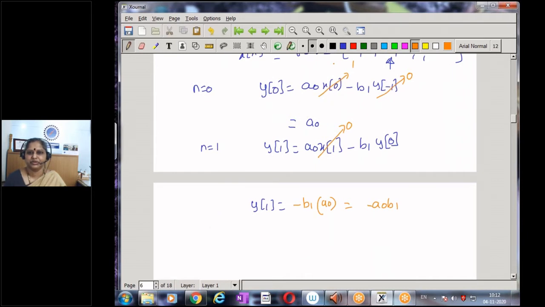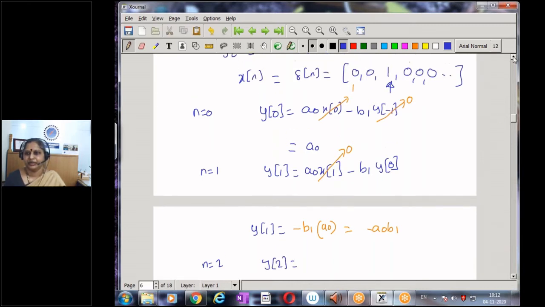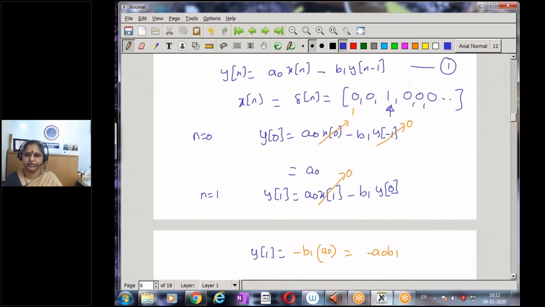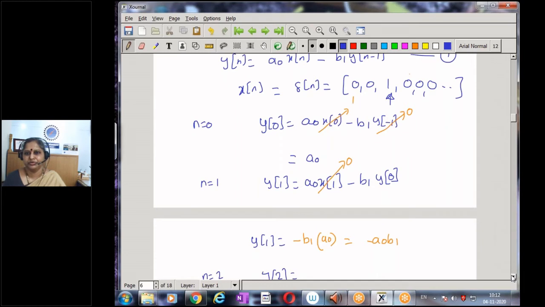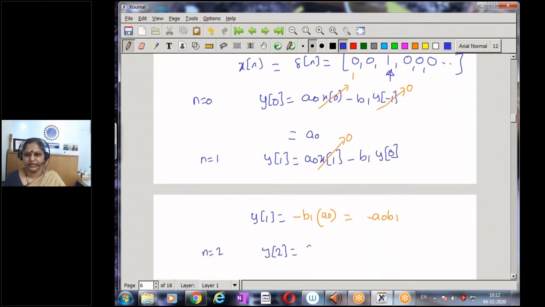Next, let me put n equal to 2 in the difference equation. I then get a0 x of 2 minus b1 y of 2 minus 1, that is y1.